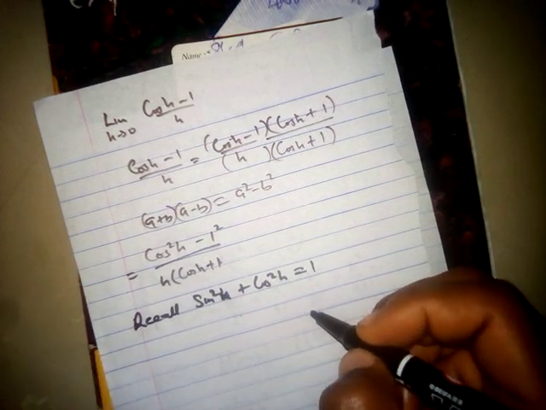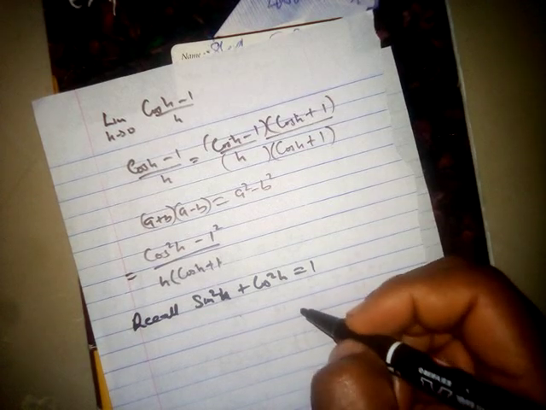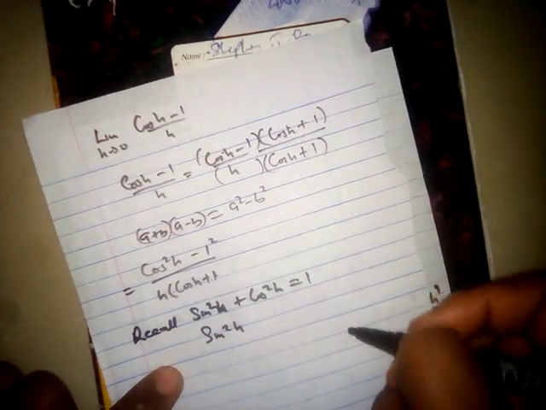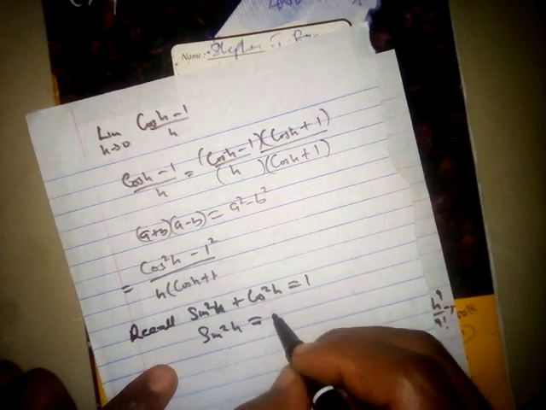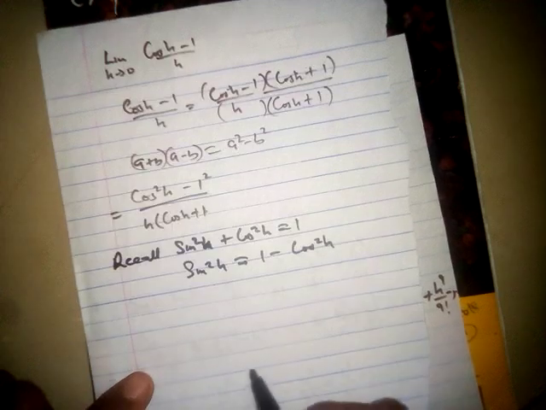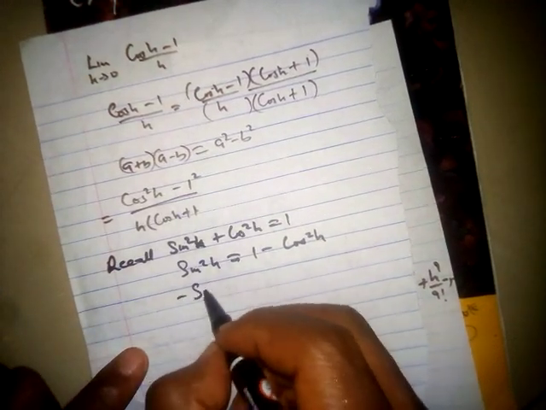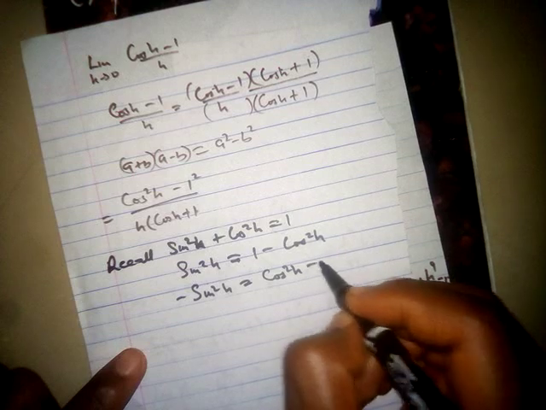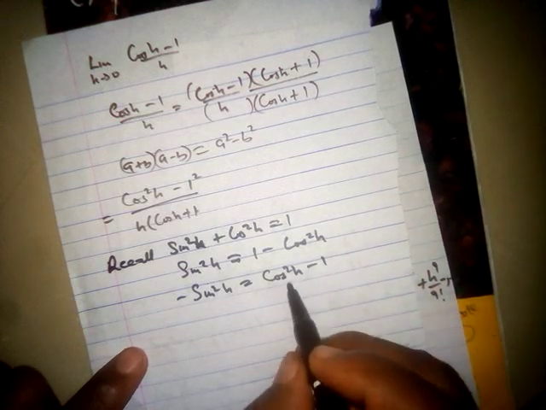That's the trig identity. So sine squared h is equal to 1 minus cos squared h. Now if I multiply both sides by minus 1, minus sine squared h is equal to cos squared h minus 1.